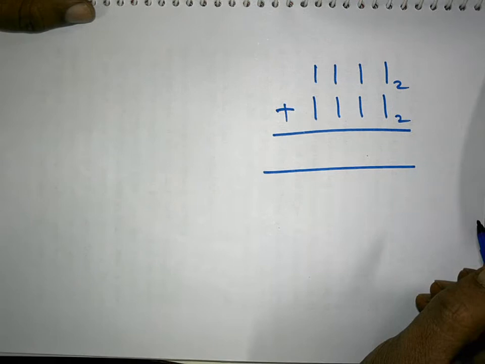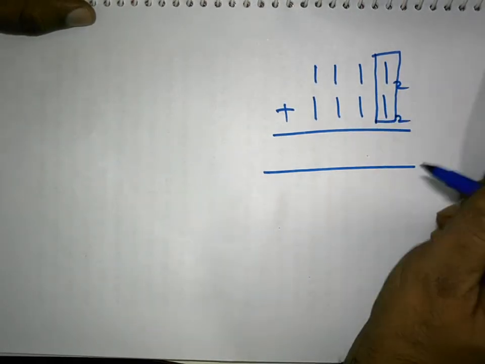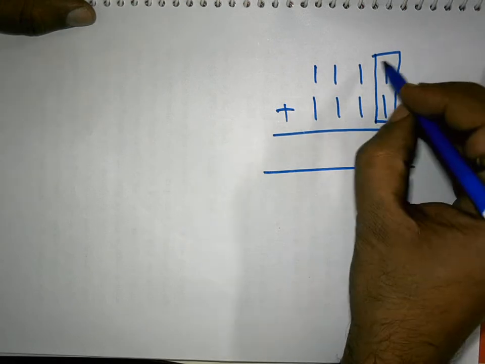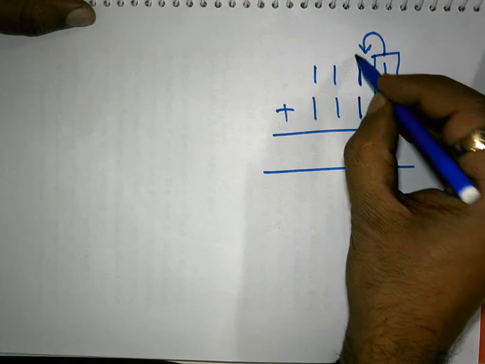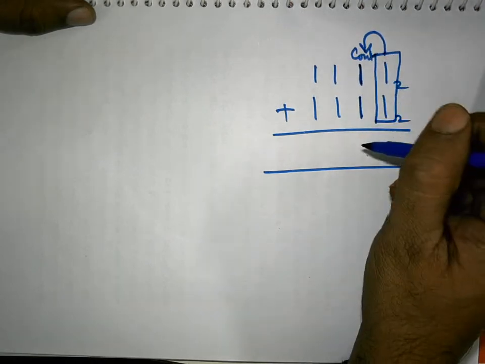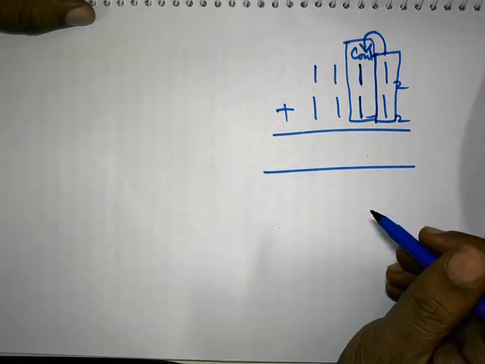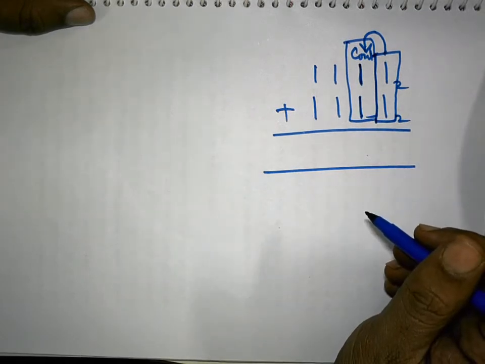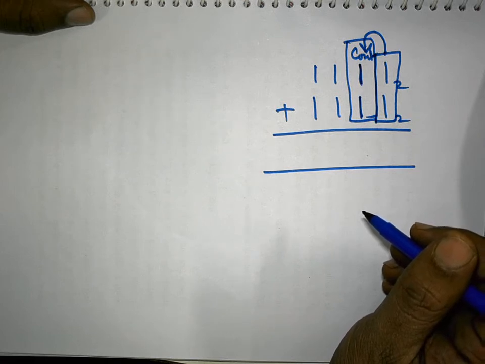Then to add this 1 1, I need a half adder, but to add these two ones and a carry coming out of this bit, I need a full adder. Because full adder is an adder which adds 3 binary digits at a time. It performs the complete addition operation, incorporating carry.